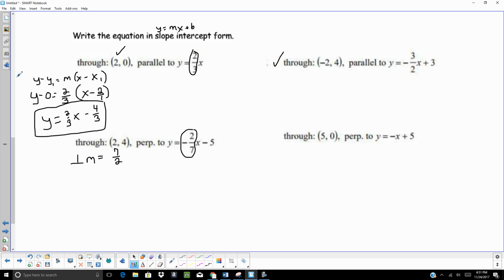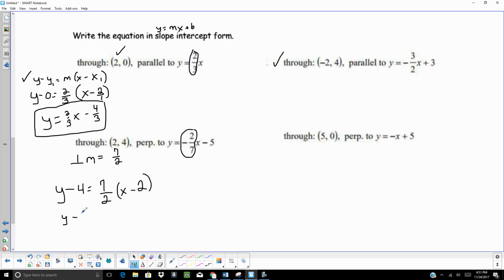So we're going to use that formula right here, y minus y sub 1 equals m times x minus x sub 1. So y minus my y coordinate equals my slope times x minus my x coordinate. We want to make that look nice and pretty.